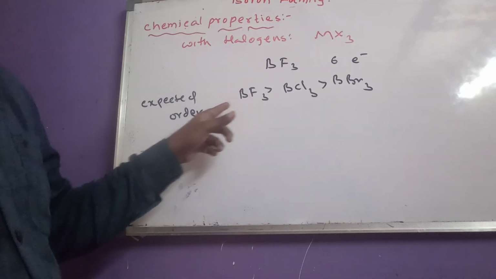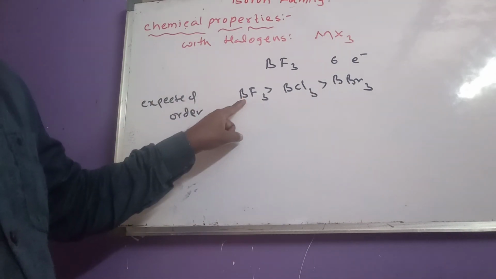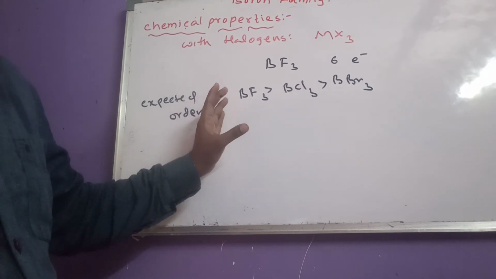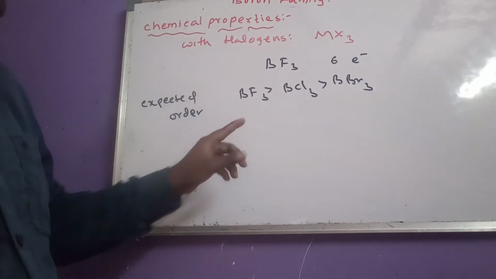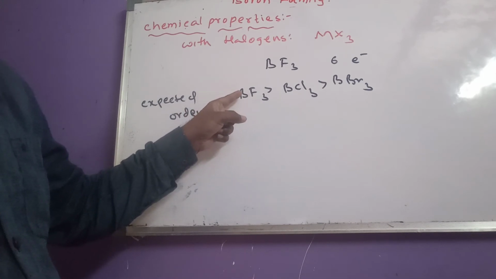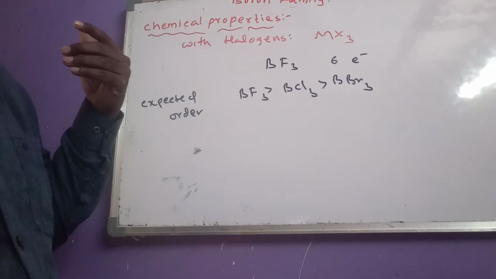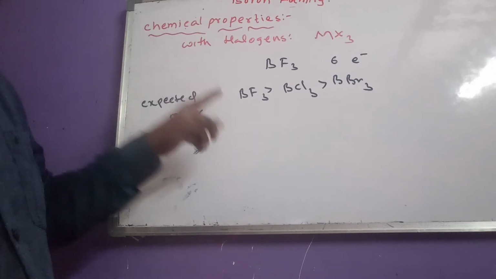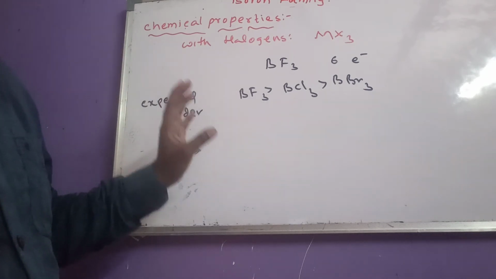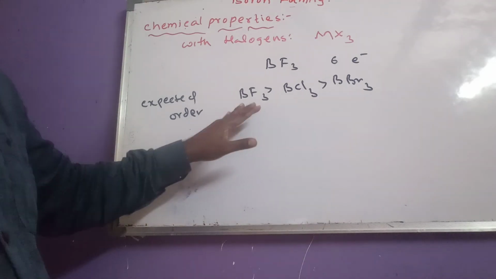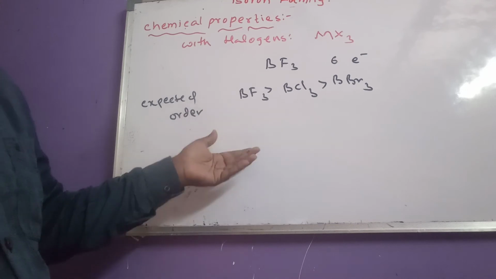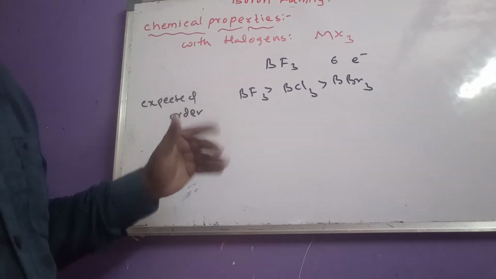So among all these three trihalides, the central boron in BF3 experiences the most electron deficiency, because due to the high electronegativity of fluorine, it pulls the bond pair of electrons towards itself, making boron electron deficient in BF3. So among these three halides, the boron of BF3 suffers the most electron deficiency.